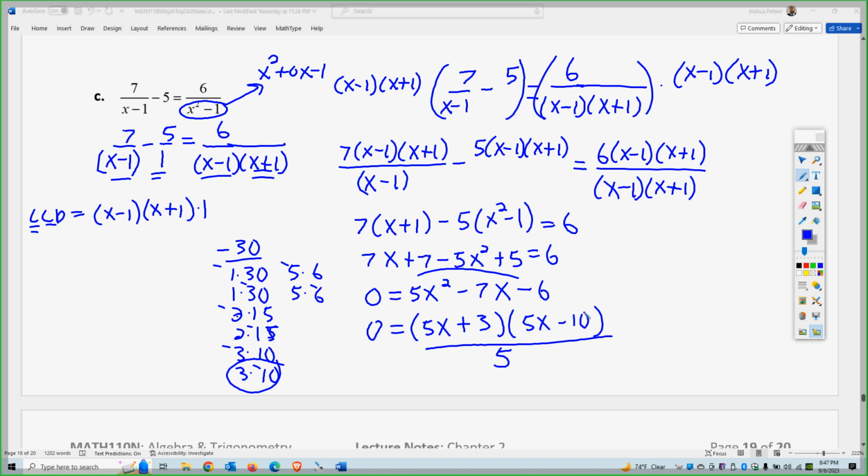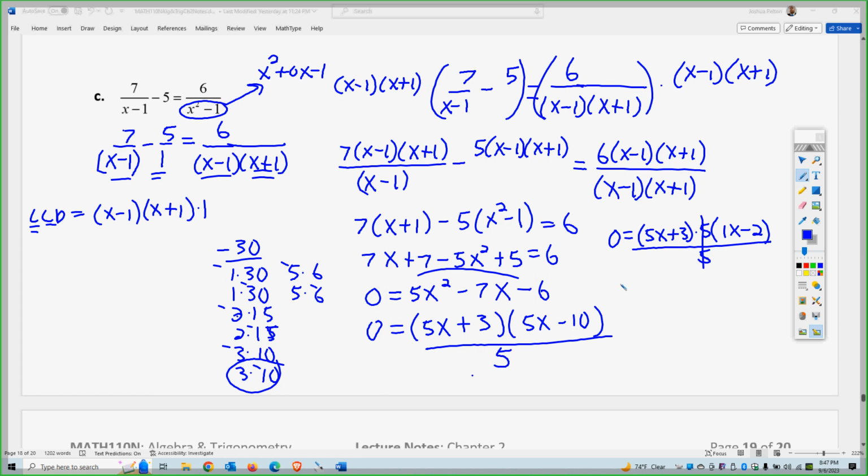Okay, so if I break that down, I get 0 equals 5x plus 3 times 5. I take a 5 out, I'm left with 1x minus 2. So the 5's will cancel at that point, right? So I think we're good there.